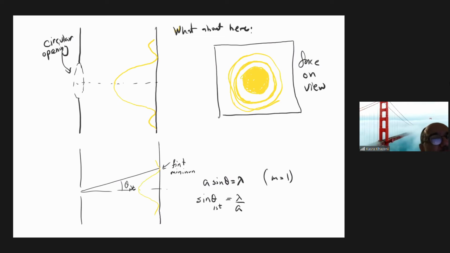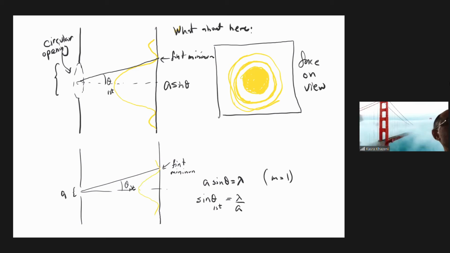Okay, but the angular position of the first minimum, this is theta of the first minimum, is slightly different when you do the math. It's not a sine theta, and a, of course, is the diameter this time. We can call it d for diameter so it's not confusing.